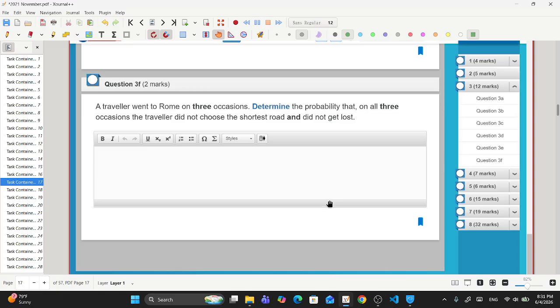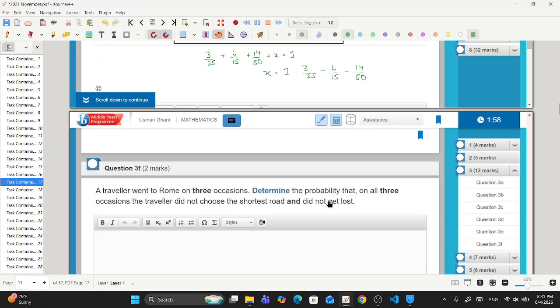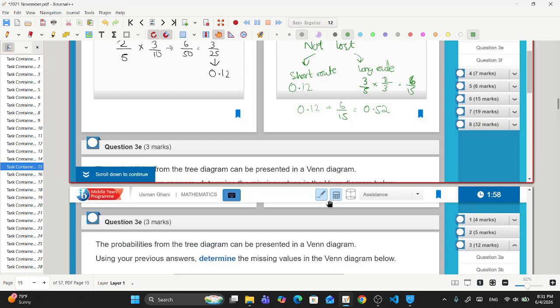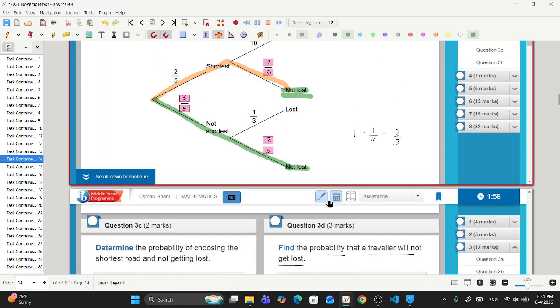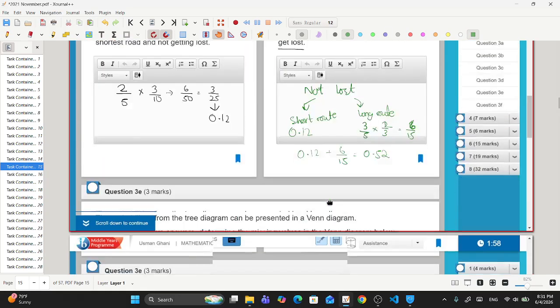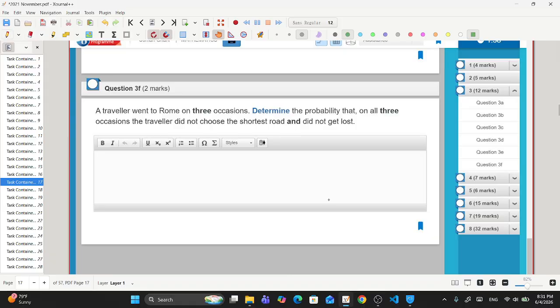A traveler went to Rome on 3 occasions. Determine the probability that on all 3 occasions the traveler did not choose the shortest road and did not get lost. Okay, so the probability of not choosing the shortest road and not getting lost is 3 by 5 multiplied by 2 by 3, which becomes 6 over 15.